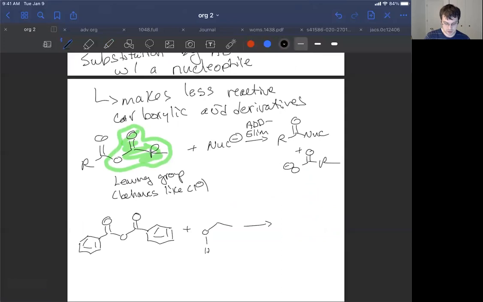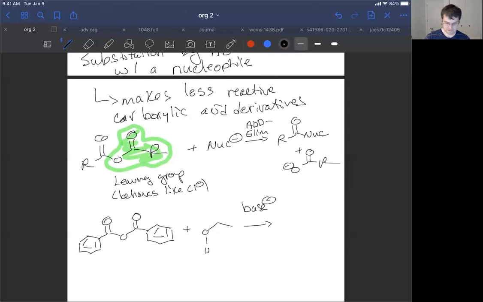So once again, we do need a base here. You typically want to use something a little bit stronger. You can get away with pyridine sometimes, but alcohols are always kind of troublesome because their pKa's don't quite match up.